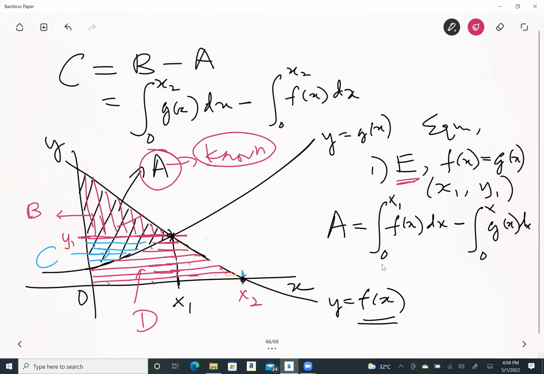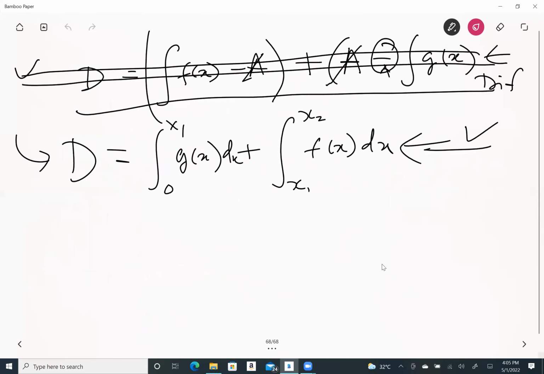But if area A is not known, what you need is only D, and you are not given area A, then the best solution will be just area under G plus area under F from the different interval. You can do that only if we know already A. But if you don't know A, then you have to find A. Panjang cerita.